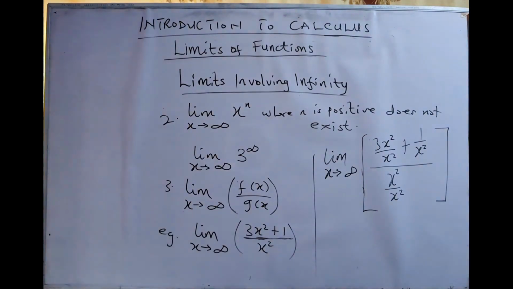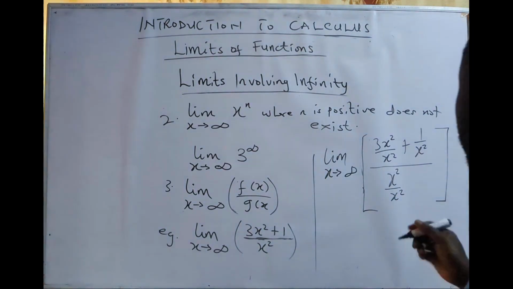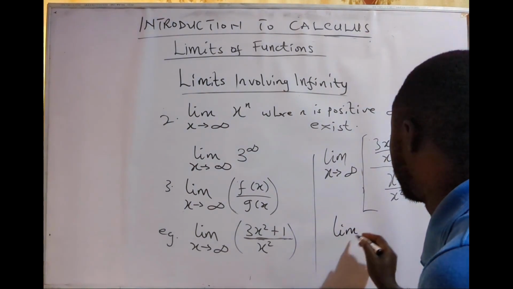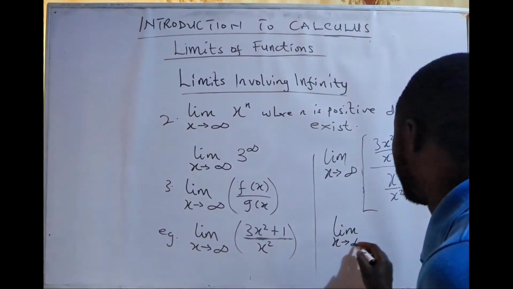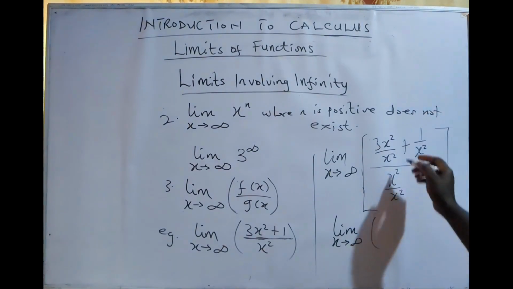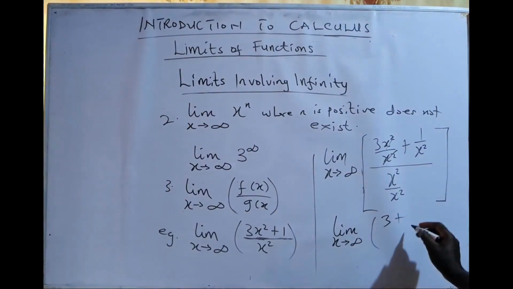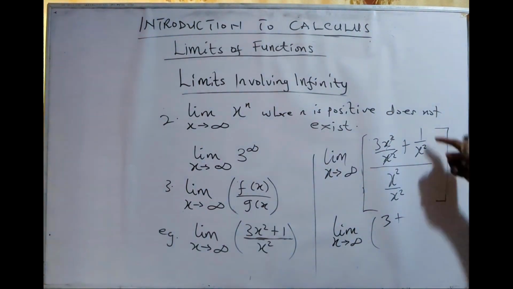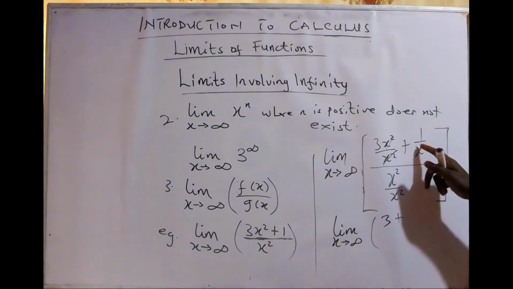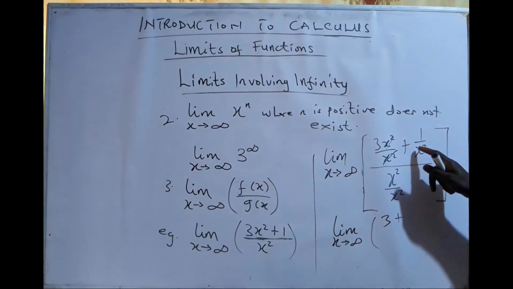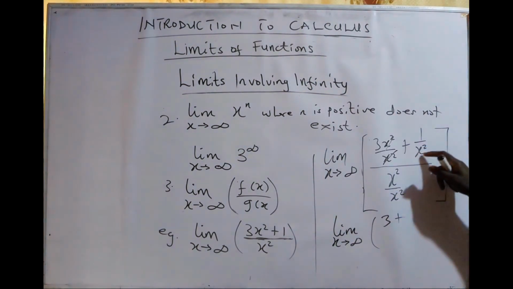Okay, so let's see. We will have the limit as s approaches infinity. So this will cancel this, then here will give me 3 plus, look at here, if the x is approaching infinity, then what it means that the denominator value here is going to be what?